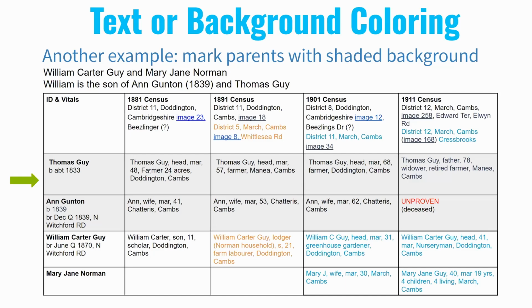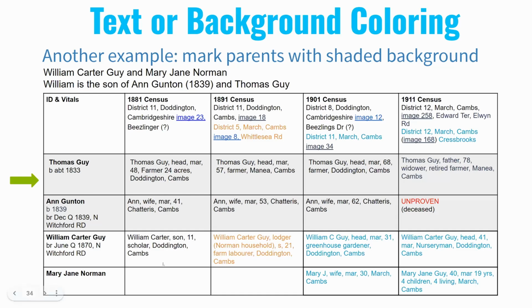I would think that I was still looking at the parents' grid, even though I really wasn't. So I decided to start shading the parents a light gray or a light blue or something, just something to set them apart. So whenever I see a shaded set of parents, they are the parents of the person that the grid is about, but they aren't the main person in the grid, if that makes sense.